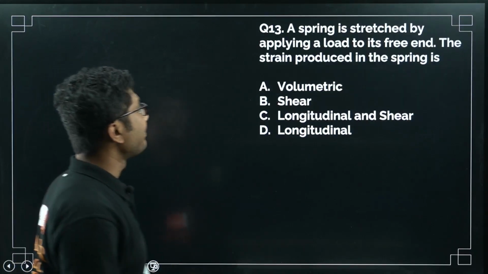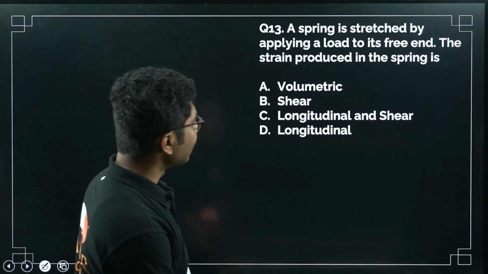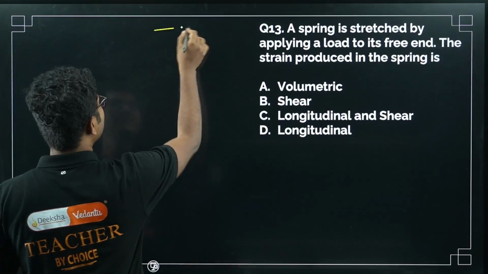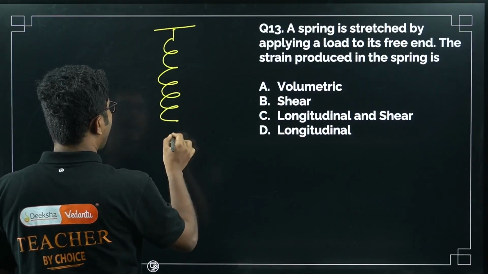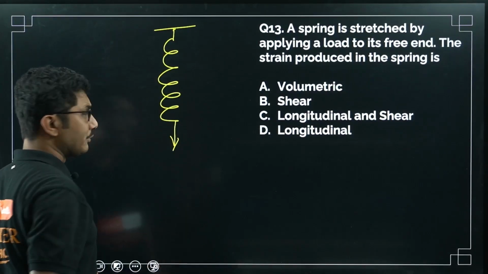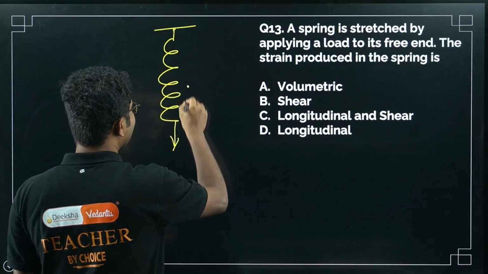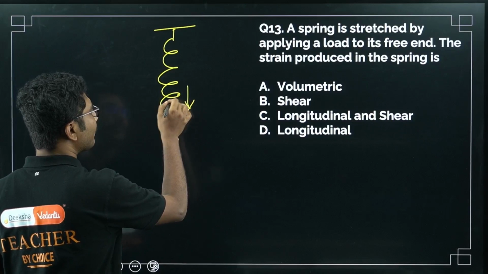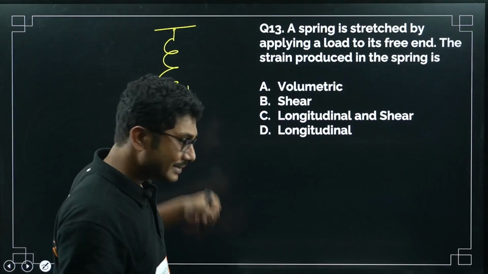Now a spring is stretched by applying a load to its free end. The strain produced in the spring is, so you have a spring, and if you apply some force to it, what will happen to this spring? It will elongate in this direction, and there will also be an angular force applied on the branches of the spring.